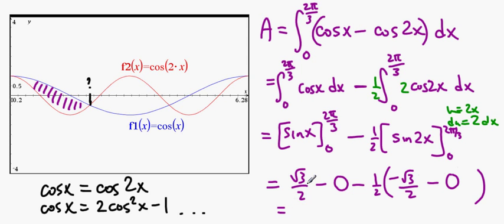So what have we got? We've got radical 3 over 2 plus radical 3 over 4, and that turns out to be 3 radical 3 over 4. How could we check ourselves to make sure we're right? We could use our calculator, run a function integration on this thing, and make sure that the decimal equivalent we got is the decimal equivalent of 3 root 3 over 4.